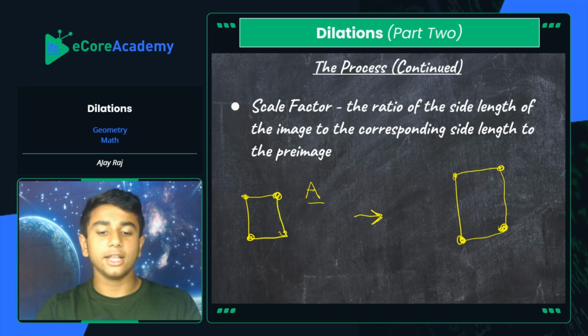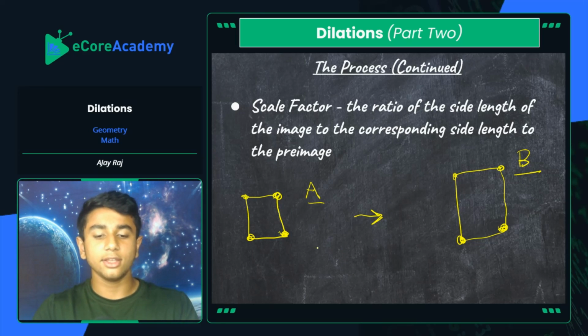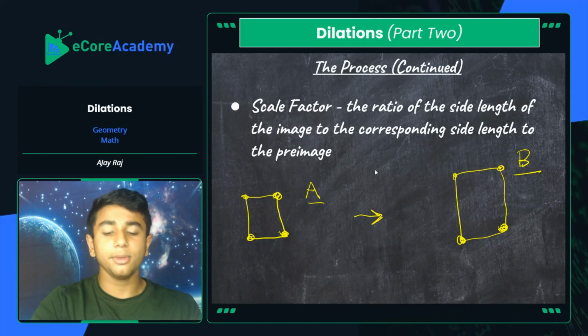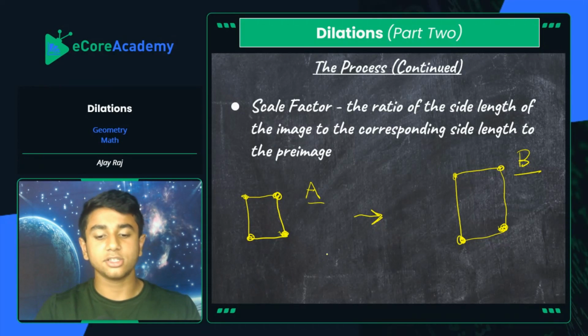If you're doing a dilation and you're trying to double the side length, which in turn doubles all the side lengths of similar figures, instead of saying this figure has doubled the length of sides from its pre-image to its image, you would say it has a scale factor of 2. So scale factor equals 2. And I'll go into depth on exactly what that means.